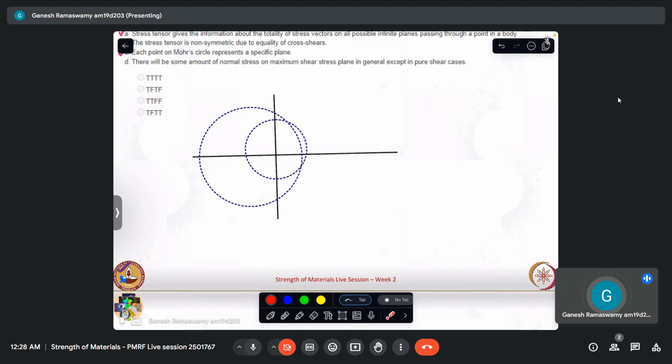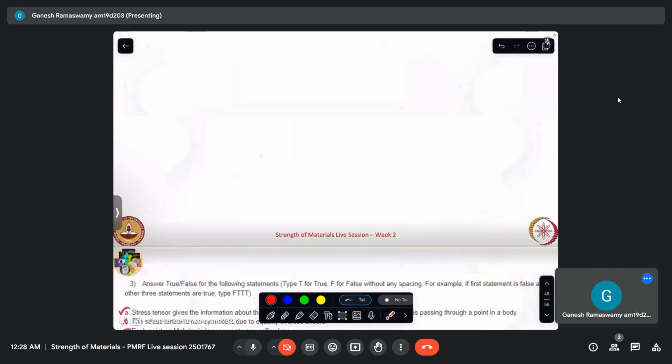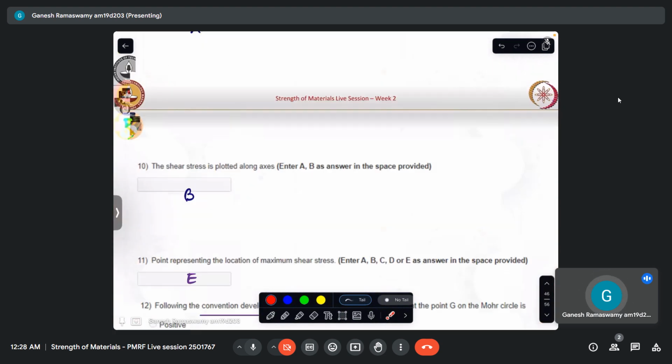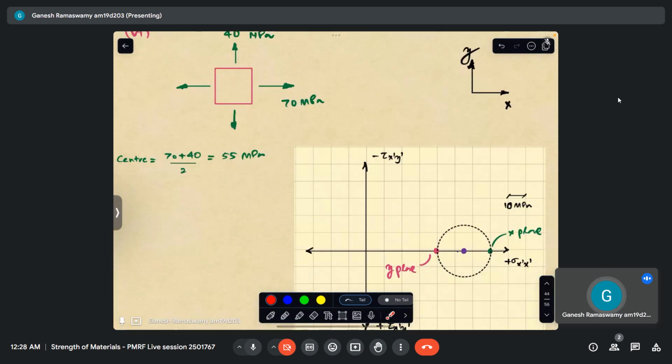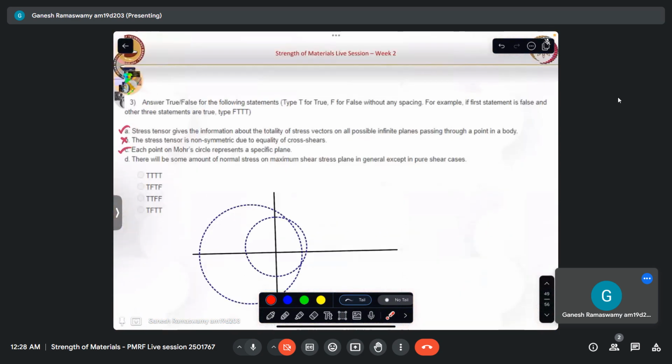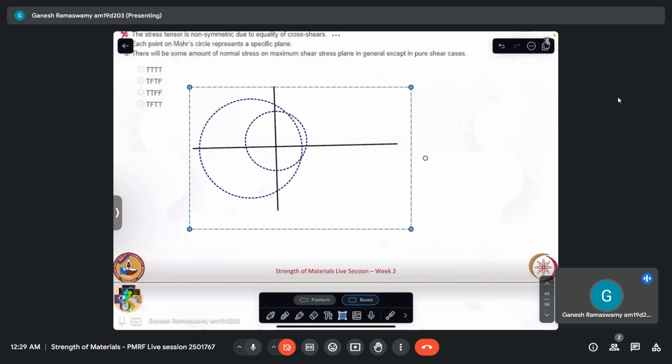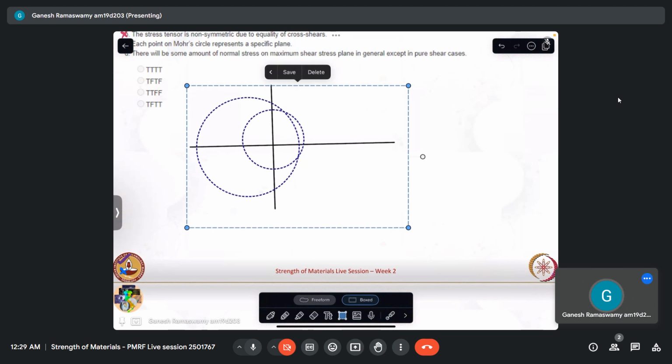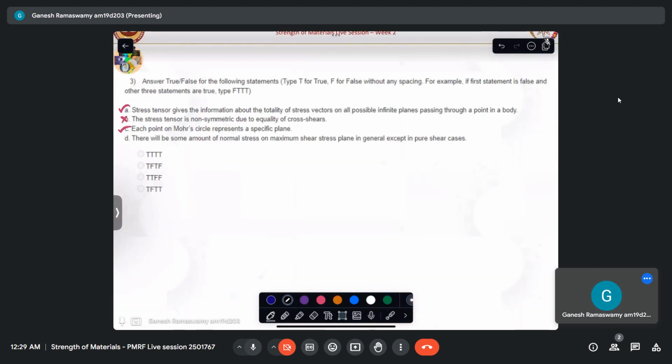And actually that will happen to be the abscissa of the center, which will be nothing but the average normal stress. So the normal stress acting on the plane of maximum shear stress is actually this much, always. So I hope you are able to appreciate that. So this is true. This is true. So TFTT is our answer.